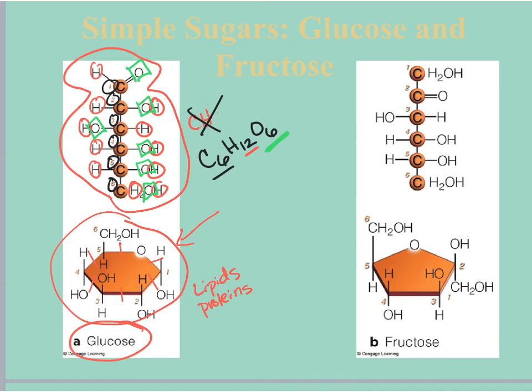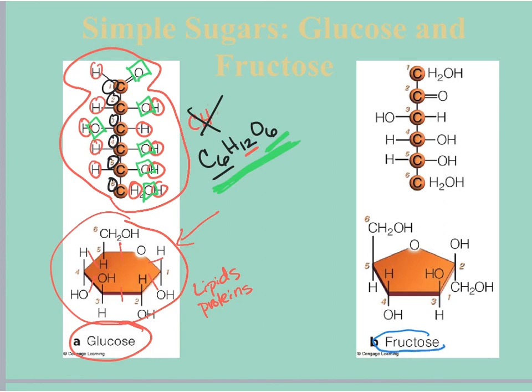So I'm primarily going to be using the molecular formula that you see down here because it's easiest to write and it's easiest to recognize how many of each atom is in that molecule. Here's another example of a simple sugar called fructose.